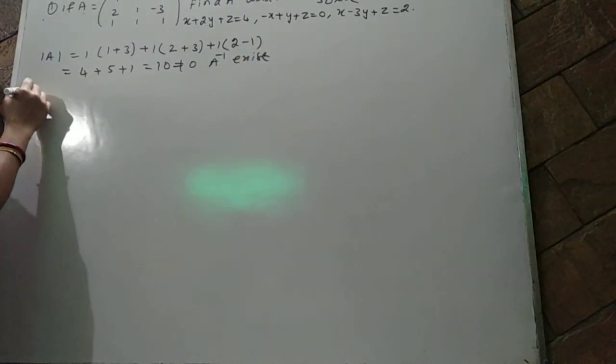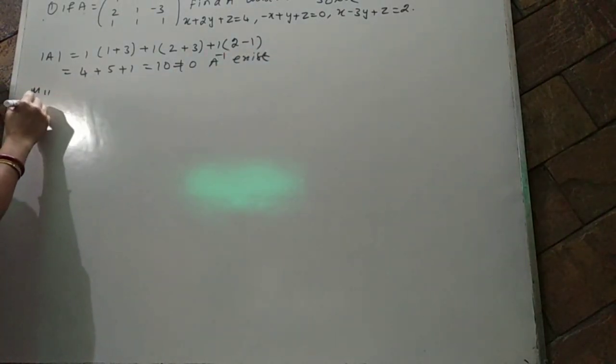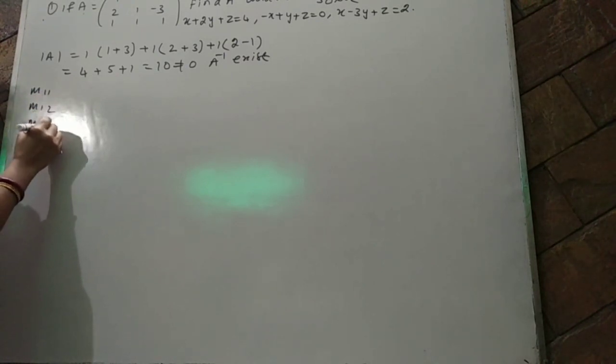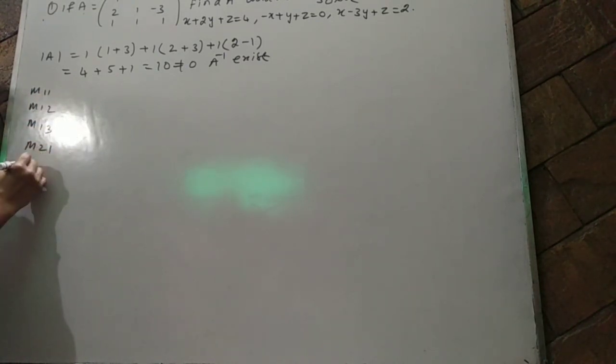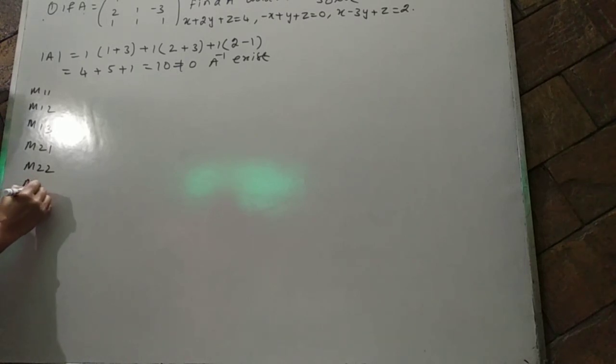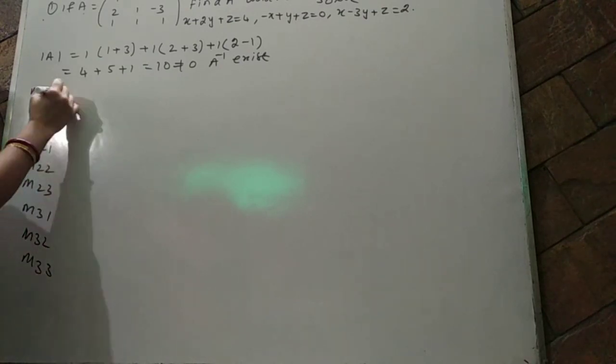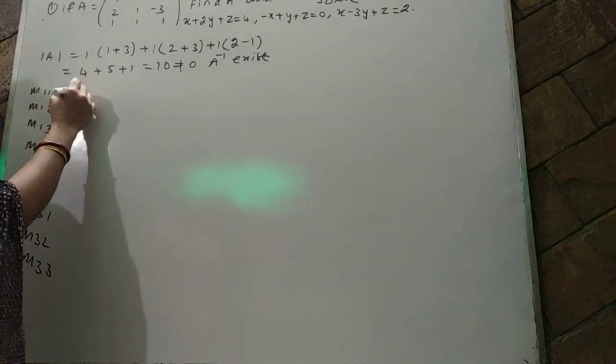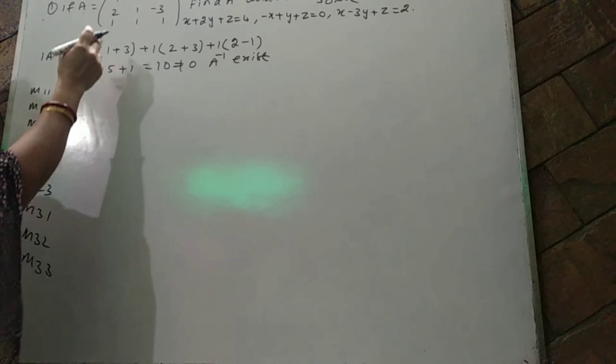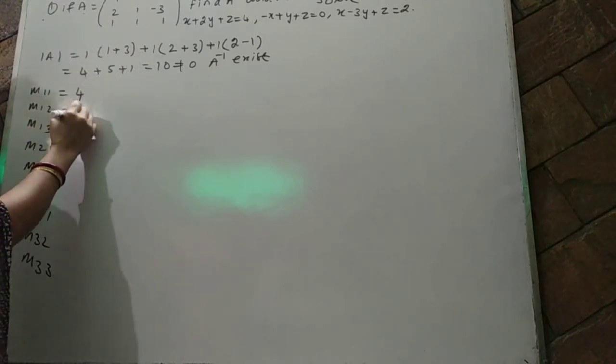Now we have to find the minors and cofactors, so that is M11, M12, M13, M21, M22, M23, M31, M32, and M33. Okay, fine. Now M11, delete corresponding row and column, we will get 4. Then first row, second column, we will get 5.